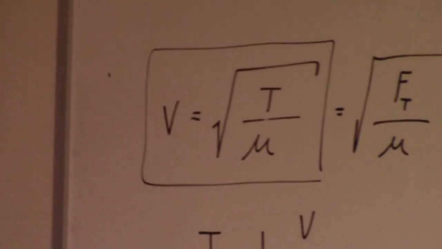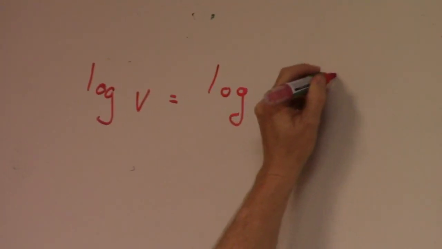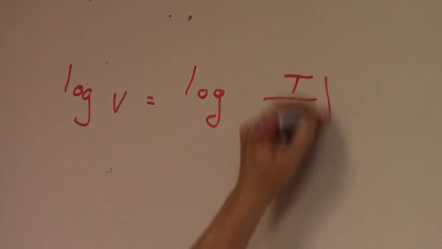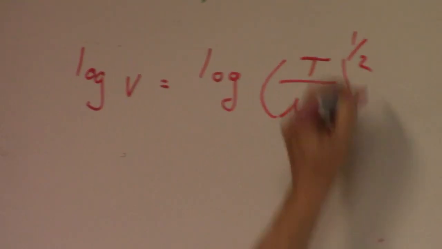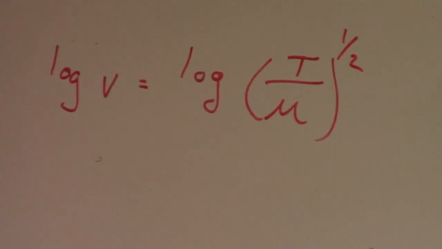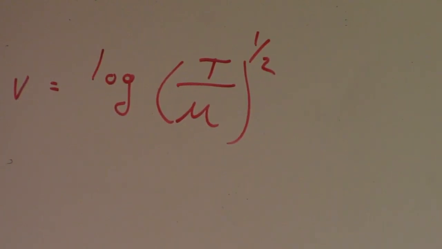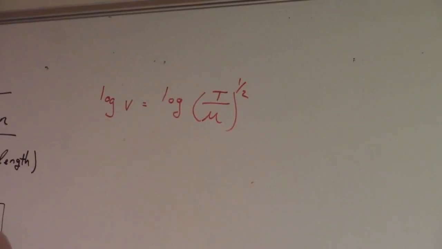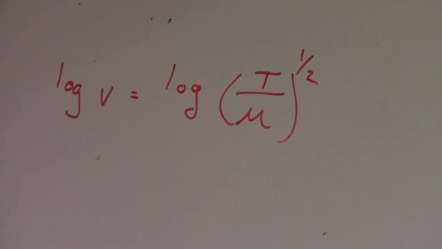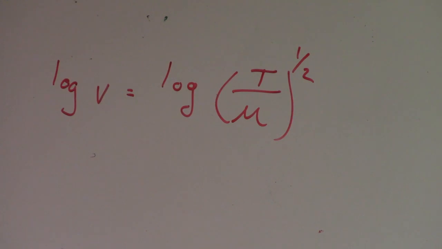So I would have the log of the velocity equals the log of, and I'm going to go ahead and write the square root as a power of 1/2. Because as I was trying to say last week, and I think it needs to be repeated here, this is what Newton was thinking: if you don't really know the mathematical equation of them, go ahead and do a log-log plot, because if it's raised to a power, you'll get a straight line.